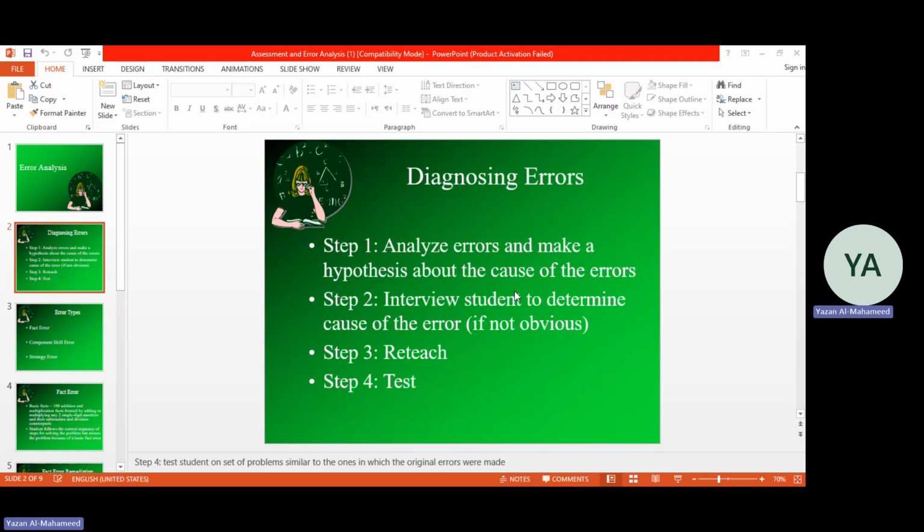So error analysis is different from contrastive analysis in that it looks at all possible sources of errors and does not view native language influence as the only source of errors.